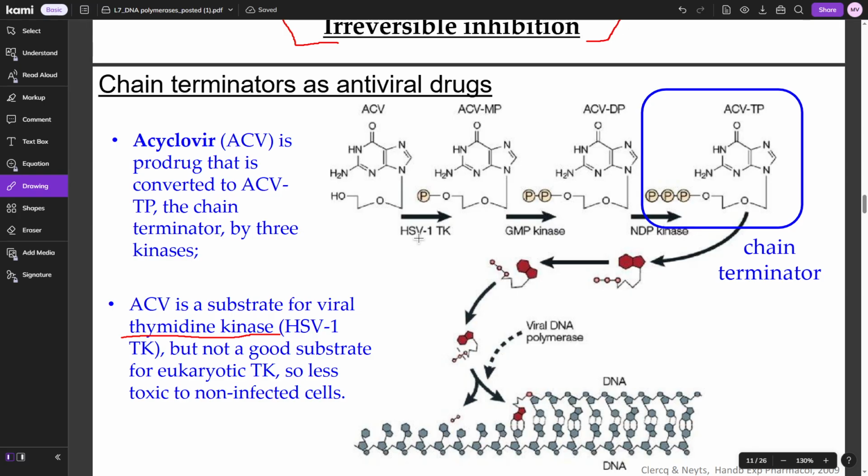If the organism is viral and the cells are viral, they'll have this enzyme present. This enzyme will phosphorylate this guy, and then it'll get turned into ACV-TP, and then this will get incorporated into DNA.